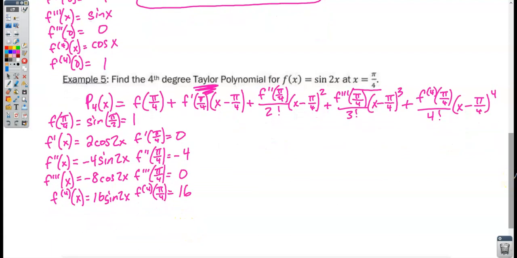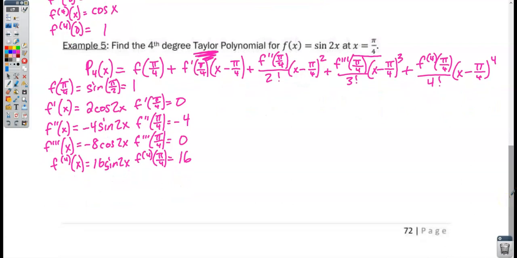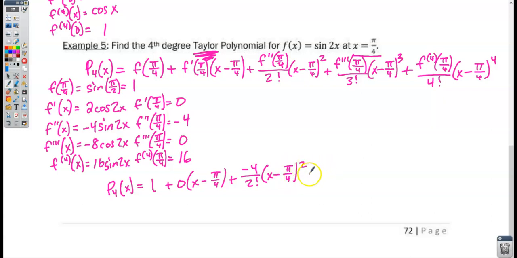And then what I'm going to do is substitute these into the general template for the polynomial and clean that up. And so doing that, we have that the fourth order polynomial is equal to f of pi over 4 plus 0 times the quantity x minus pi over 4, plus negative 4 over 2 factorial times the quantity x minus pi over 4 quantity squared, plus f triple prime of pi over 4 over 3 factorial times x minus pi over 4 to the third, plus f quadruple prime of pi over 4.